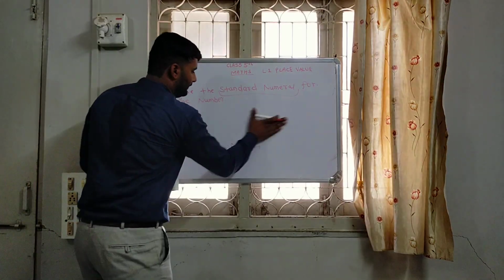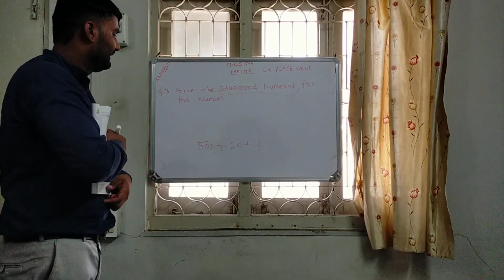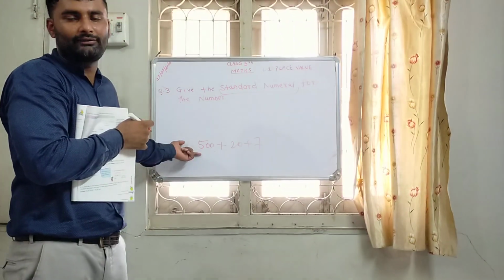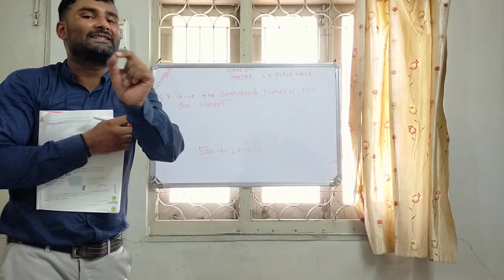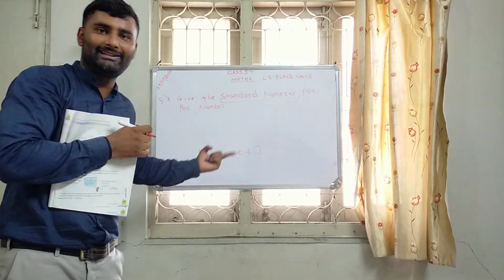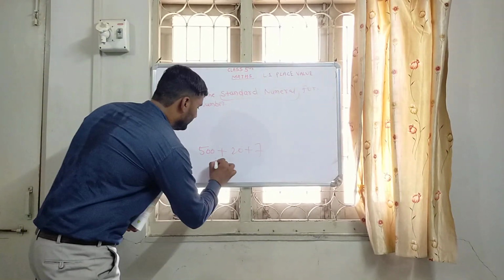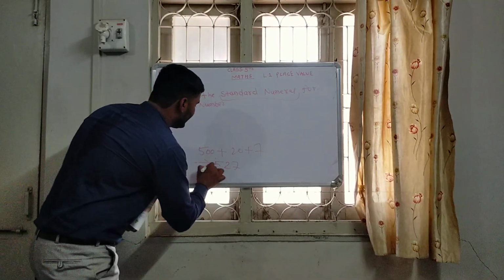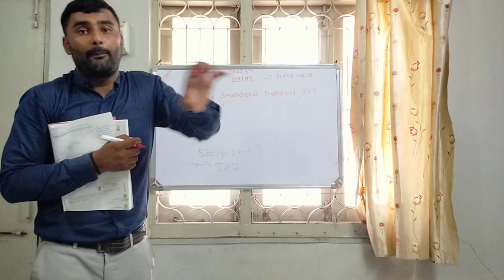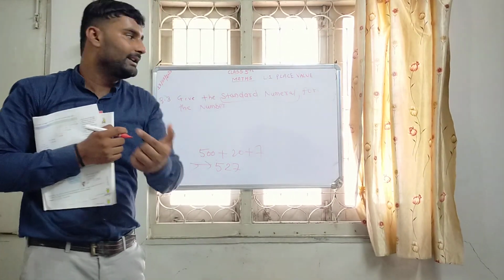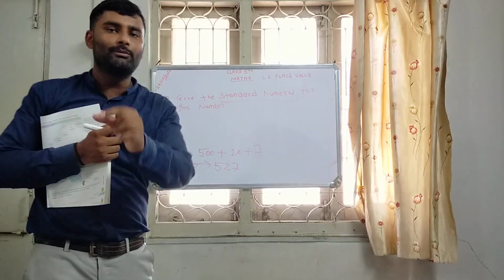If I read this number now, this is the expanded notation of some number. I want the standard numeral for this number. The standard numeral for this number is 527. Totally opposite of the expanded form. The totally opposite of expanded form is nothing but the standard numeral.